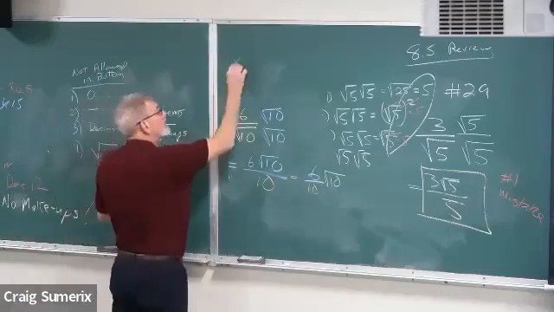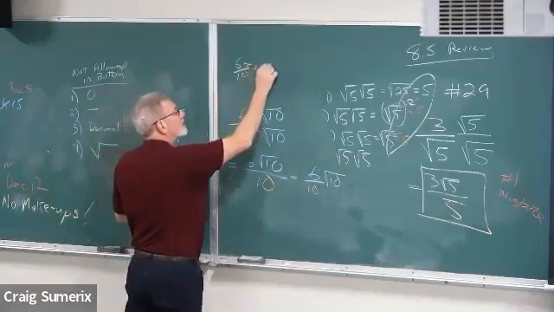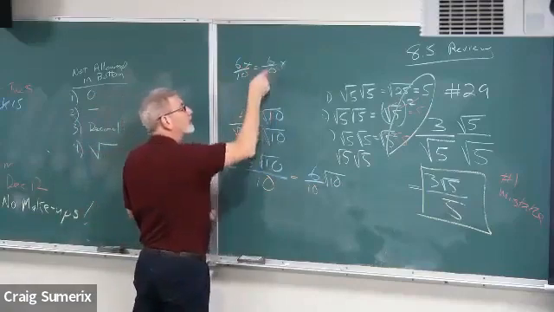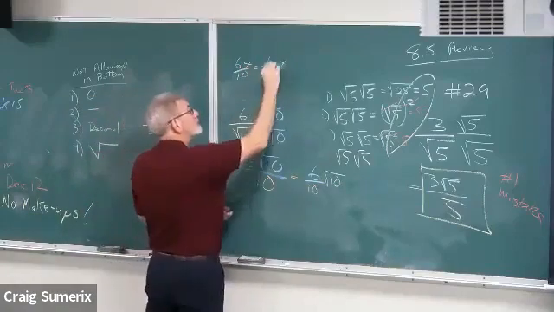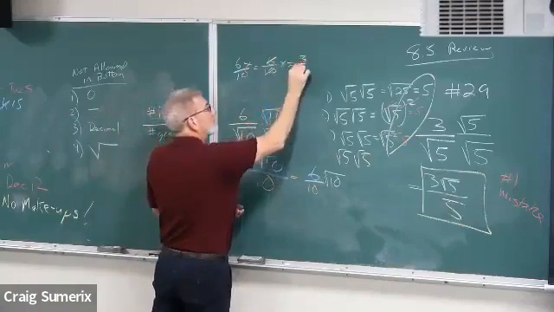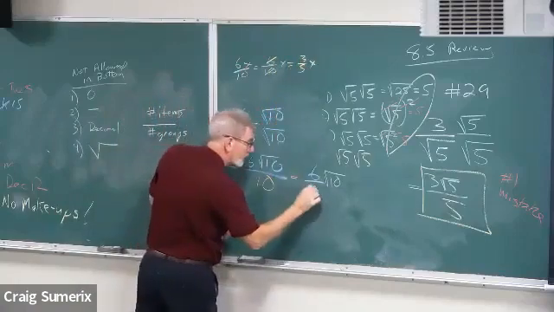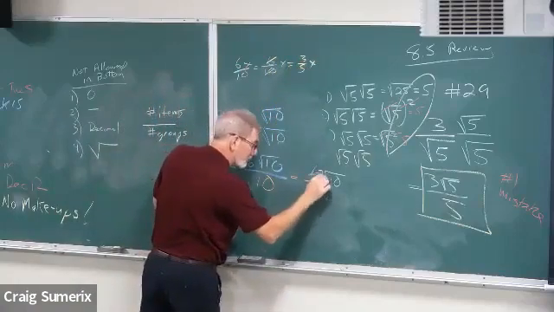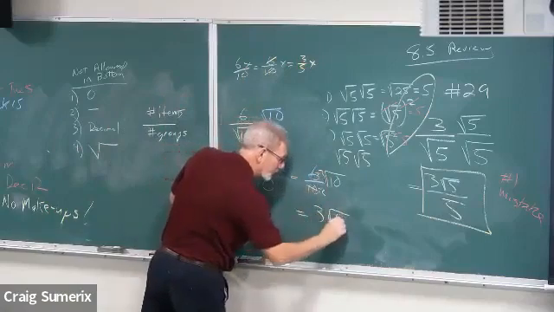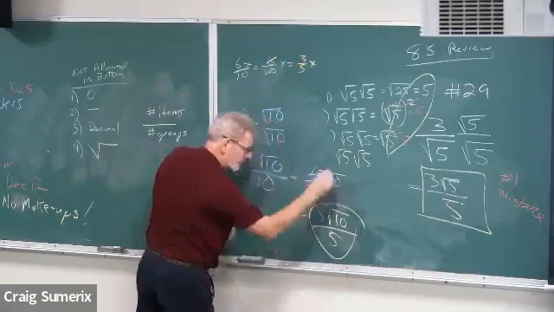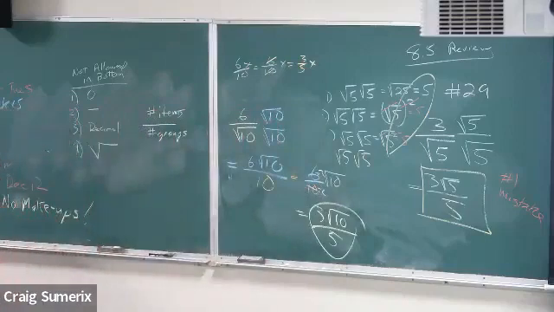If you had 6x over 10, you can think of it as 6 over 10 times x, because then you can reduce the fraction, right? 3 over 5. Same thing here. 2 goes into both of these. 3 square root of 10 over 5. And again, the 5 does not cancel with the 10. You can't go, 5 goes into 10, so you got 3 square root of 2.